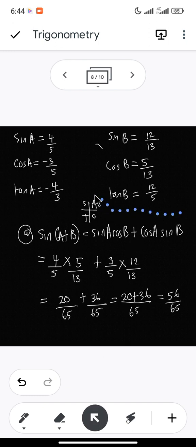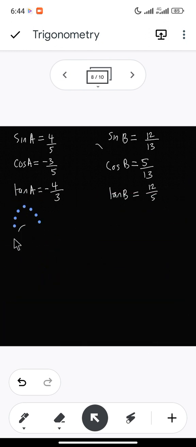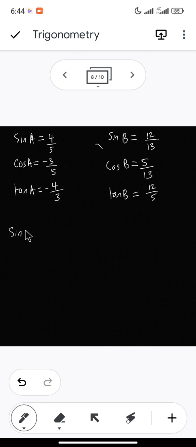So that's the only difference. But they say B is also acute, so nothing changes for that. We're going to solve using the same process. Same formula that says sine A plus B gives us sine A cos B plus cos A sine B. So sine A is going to be 4 over 5 as usual.